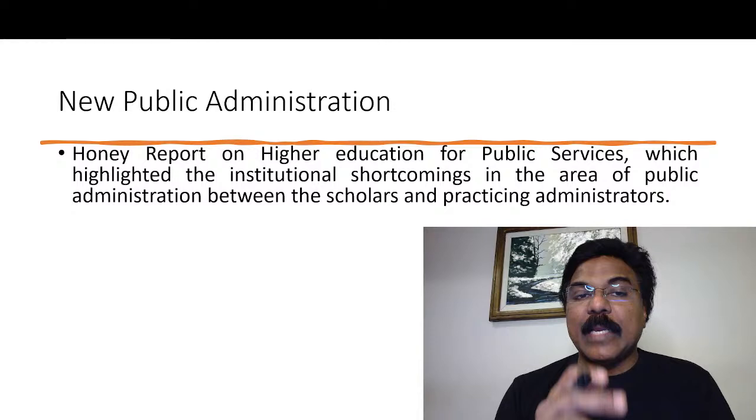Then the Philadelphia Conference on Theory and Practice of Public Administration, 1967, emphasized the role of public administration in addressing social problems and promoting social equity, with a progressive transformation of the state from a police state to a welfare state. So the Philadelphia Conference is bent on making it a welfare state.